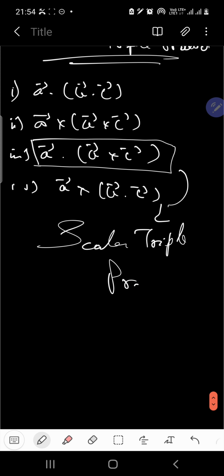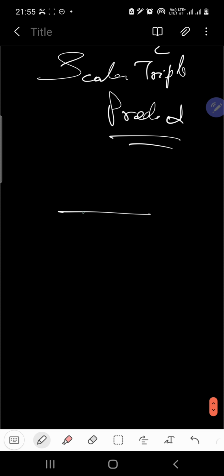The reason being, this gives you the volume of a tetrahedron or a parallelopiped. Clear? This gives you the volume of a parallelopiped which is formed by the lines arising from the vertices, represented by the vectors a, b and c. A parallelopiped is given like this.